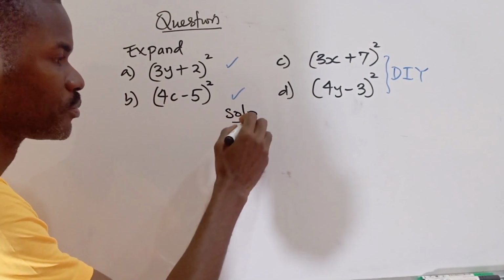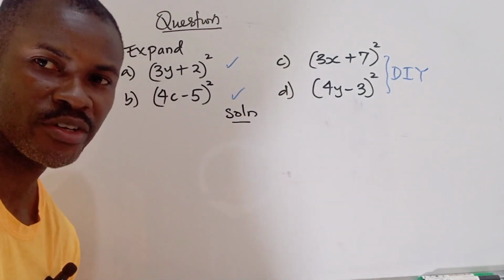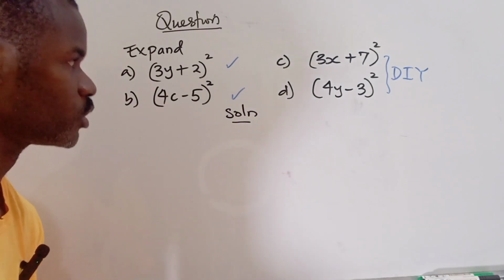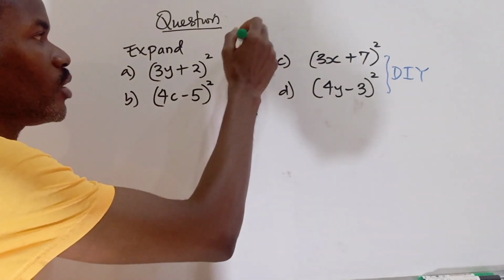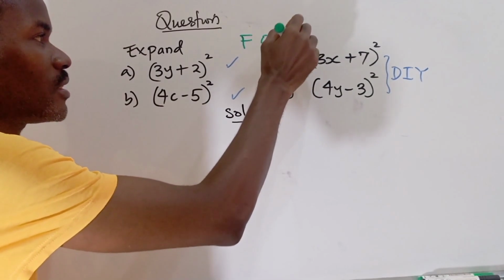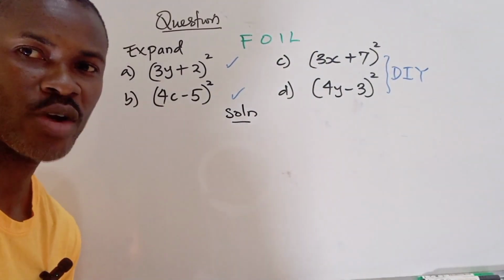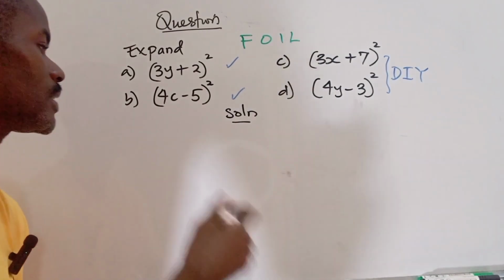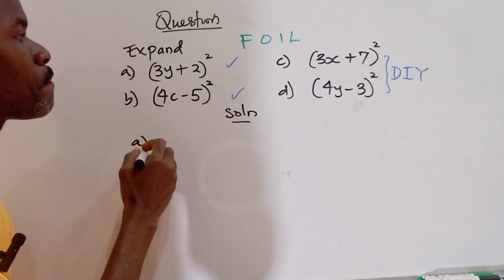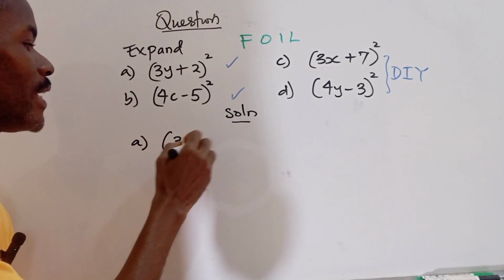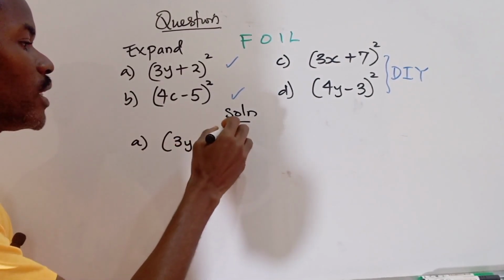So our solution. Like in our previous video, we used the knowledge of FOIL, so that is what we're also going to apply here. For the first one, we have (3y + 2) all squared.